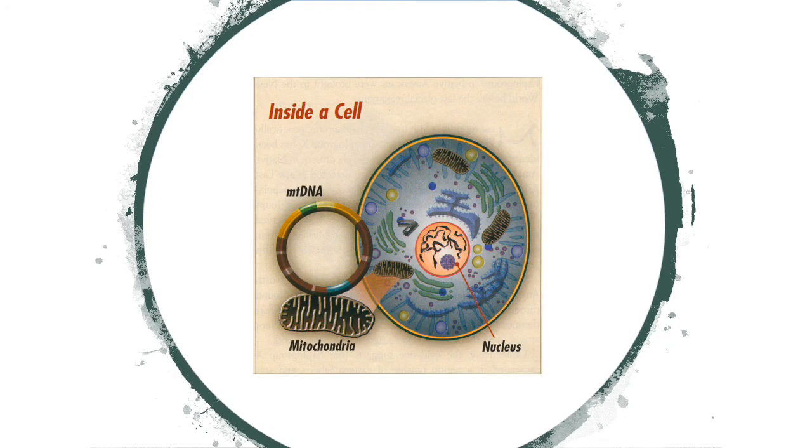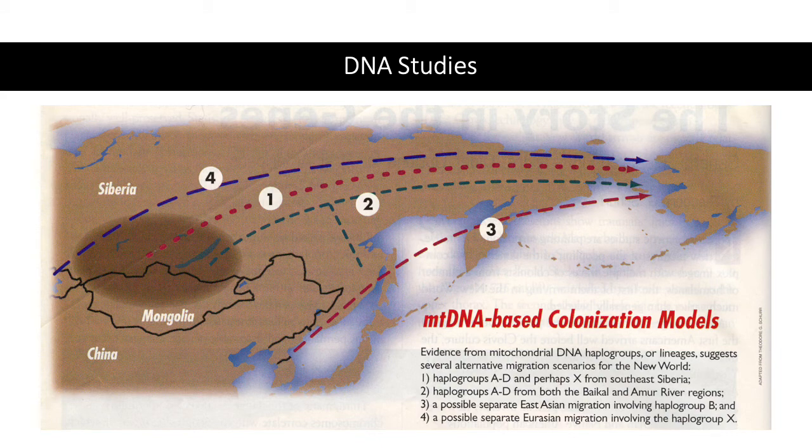Earlier in class, we've talked about certain aspects of the use of genetics, as we've talked about with mitochondria having its own genetic code separate from that of the nucleus of the cells. One of the things that we're able to do with both contemporary populations as well as archaeological ones, ancient DNA, is we're able to look at patterns of, for example, here in this one, colonization of the New World, migration from different parts of the Old World into the Americas.